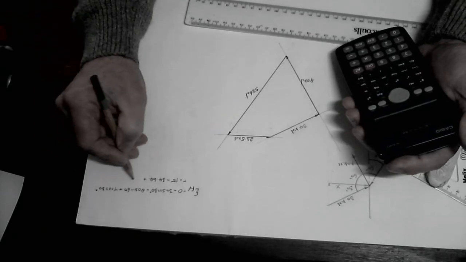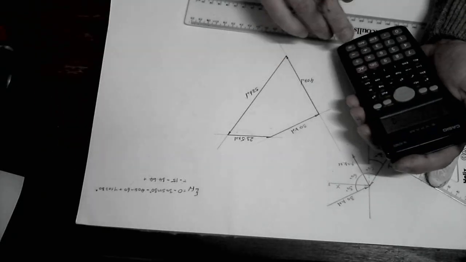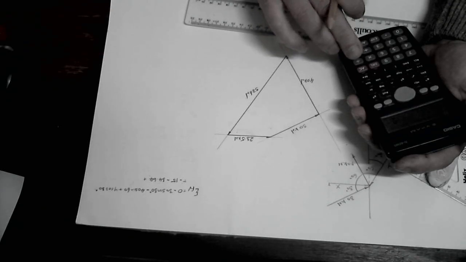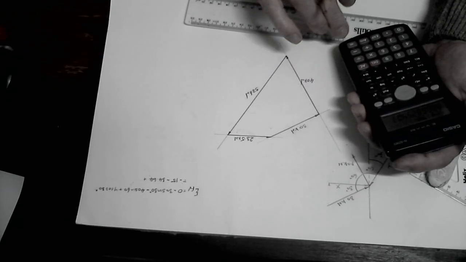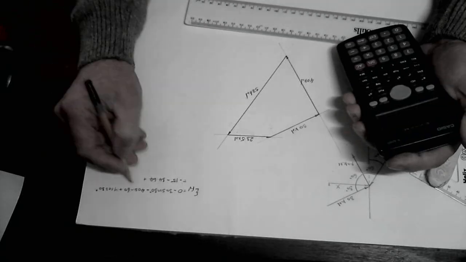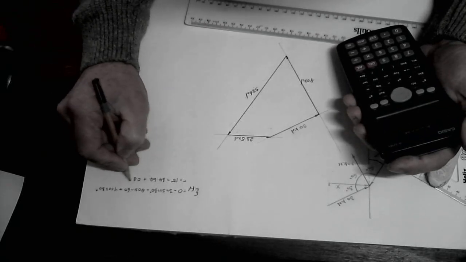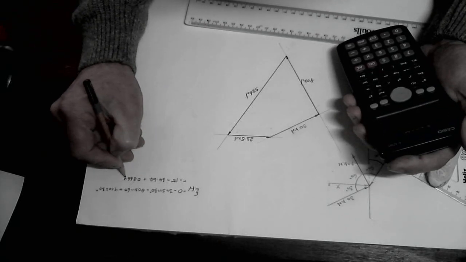Plus, and you can say that cos 30 is 0.866 y.